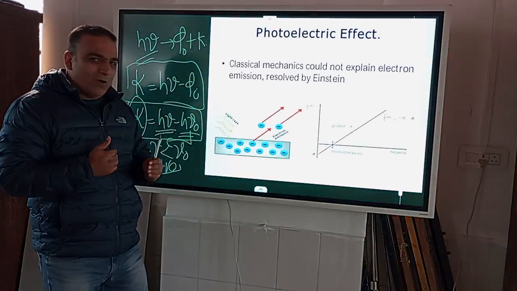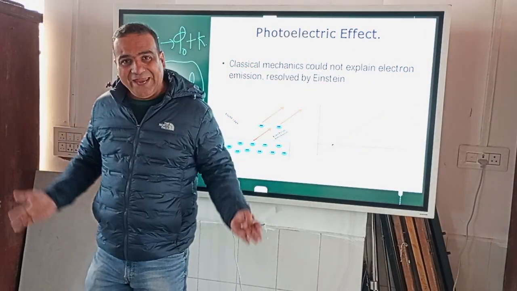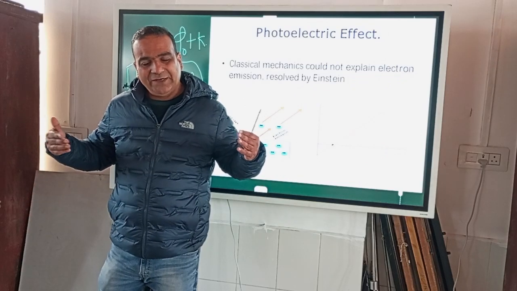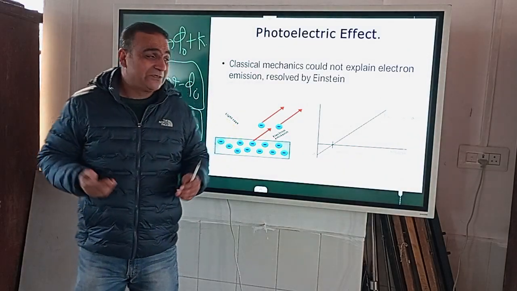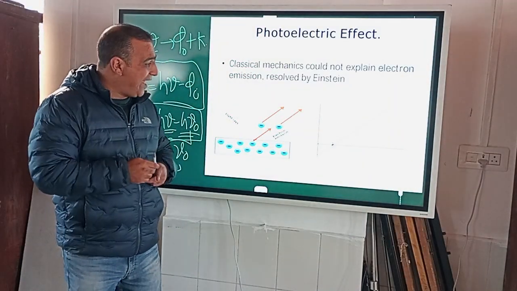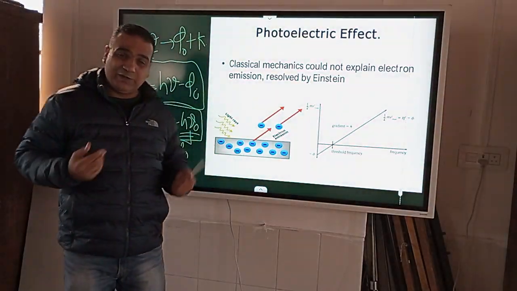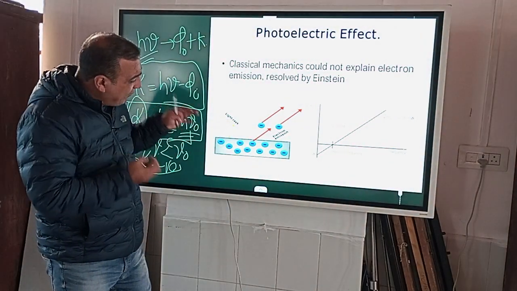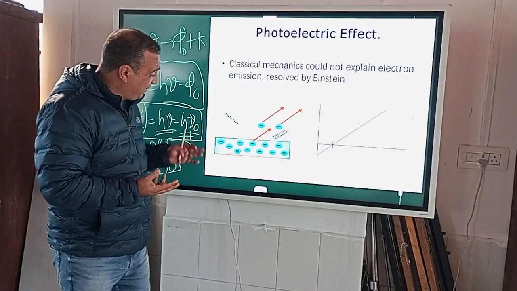So here you are coming up with an explanation for something that cannot be explained by the wave theory, and you are explaining this by assuming the particle nature of light, and assuming the particle nature of light leads to the explanation of one of the brilliant experiments in the history of times, what is called the photoelectric effect.